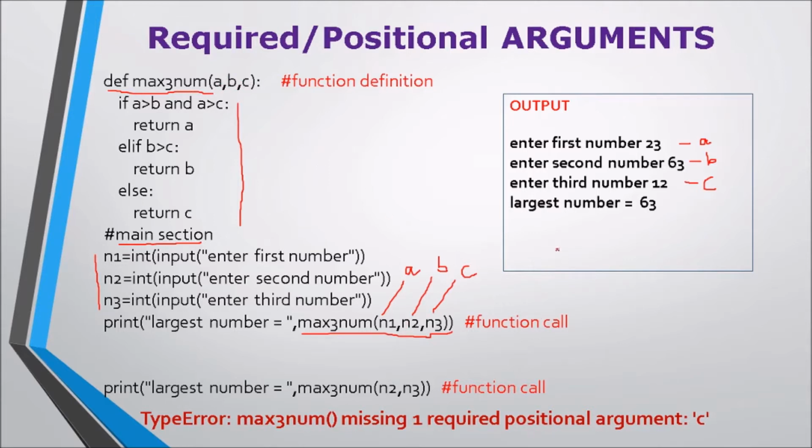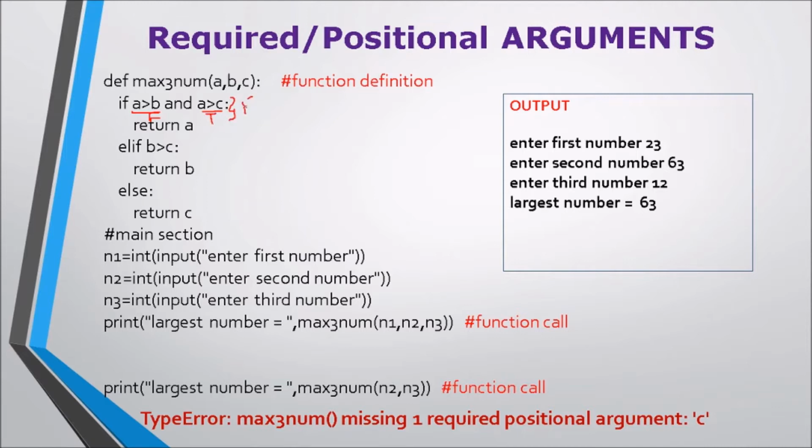So we get the largest number as 63, which is B, because A having value 23 is checked with B having value 63. So this is false, and A with 23 greater than C with 12 holds true, but the overall result is false.